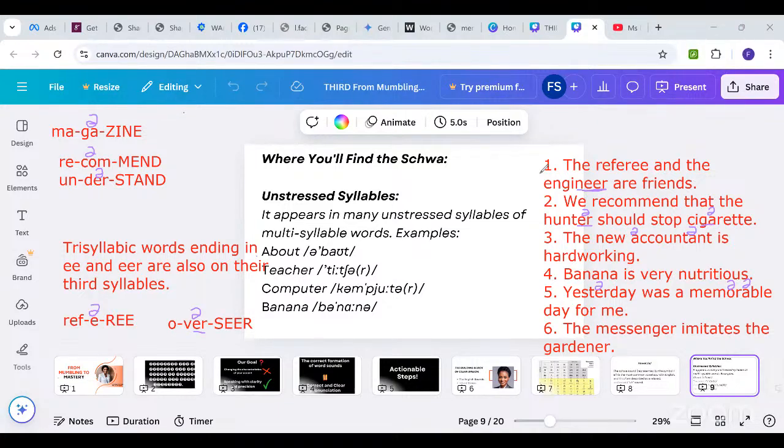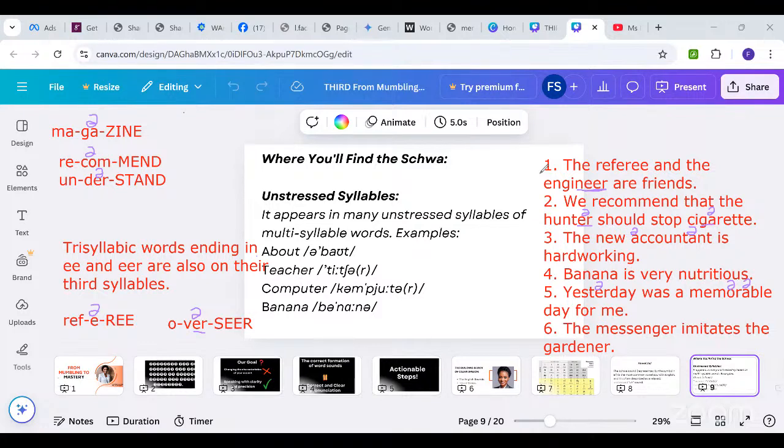We recommend that the hunter should stop cigarette. We recommend that the hunter should stop cigarette. Madam Madesola. Okay. We recommend the hunter should stop cigarette.